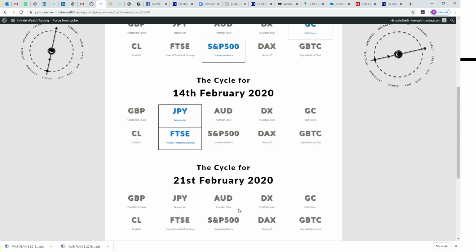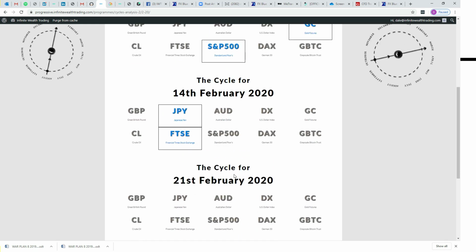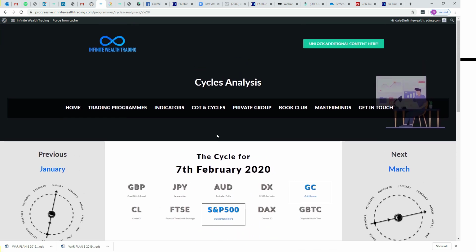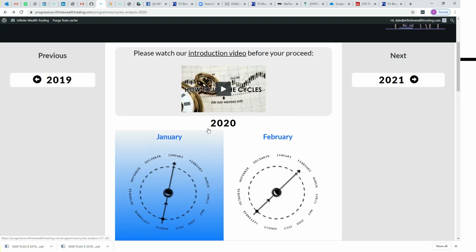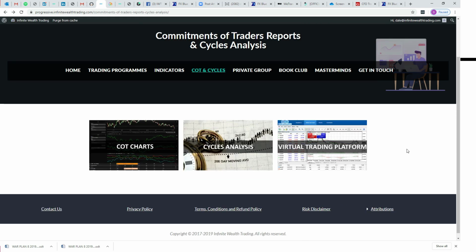Japanese yen and the FTSE, and what's happening for the 21st and beyond, and the 28th. There's one on the 28th, look for a cycle setting up on the S&P 500. The power of these cycles is truly phenomenal once you understand how to harness them. It really is amazing. And then we've got the book club, the masterminds.